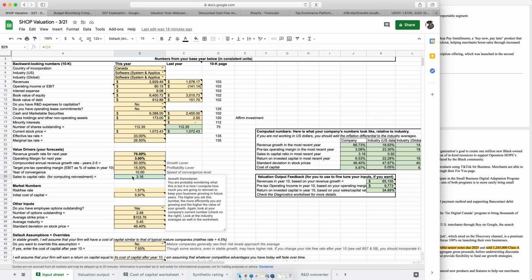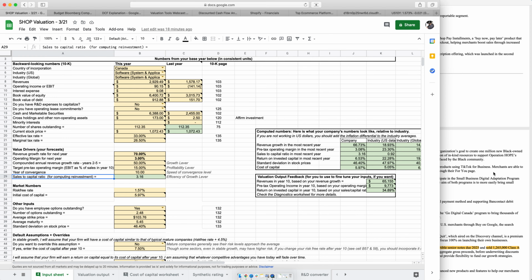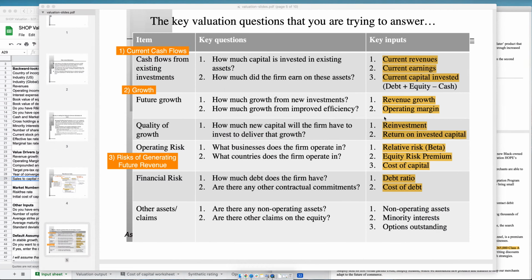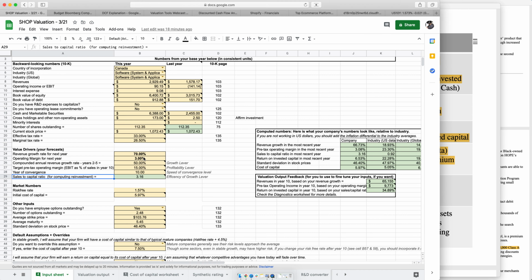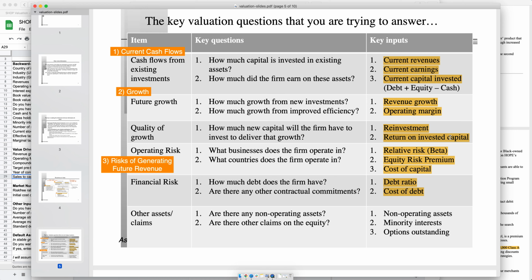Last, this is an auto-calculated item. Sales to capital is yet another metric that we want to track. As we talked about way back when, there's this line item here. Of the 50 to 70% growth that's coming in, we want to understand how efficiently we're actually getting that growth.